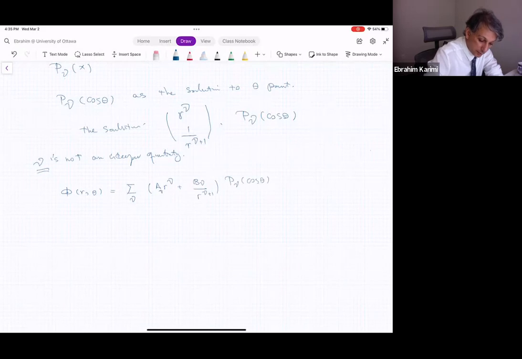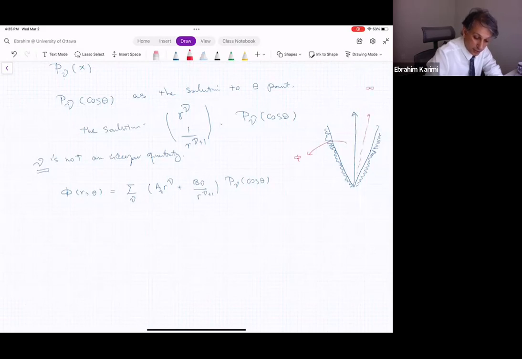And remember, the problem was a cone which was kept at a certain potential. Let's say for simplicity, we kept it at a potential of 0. And the condition that we do have is that we are looking for the potential here, and we assume that if you go to infinity, definitely the potential will be going to 0.